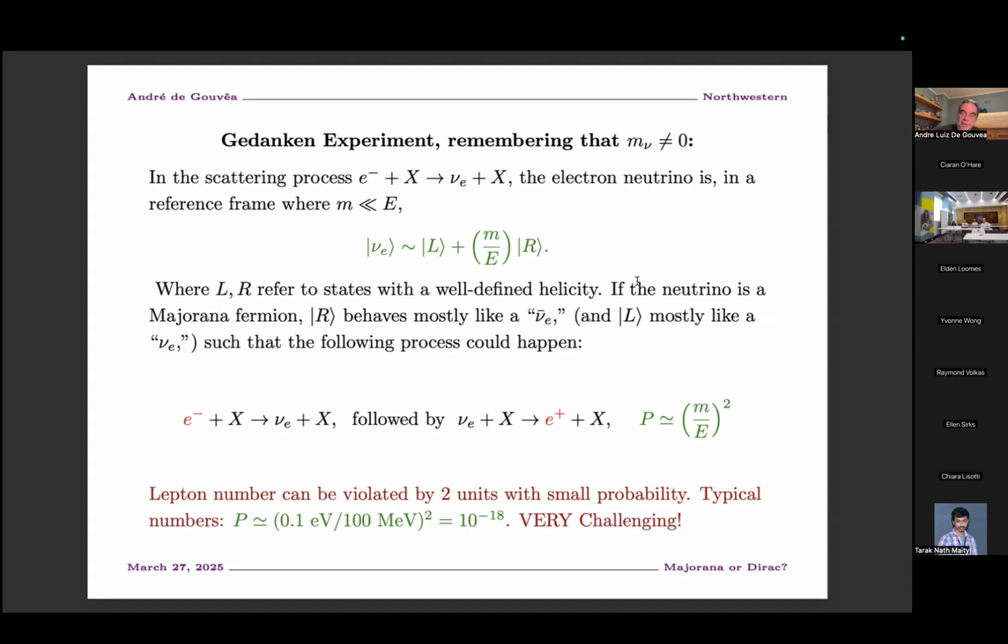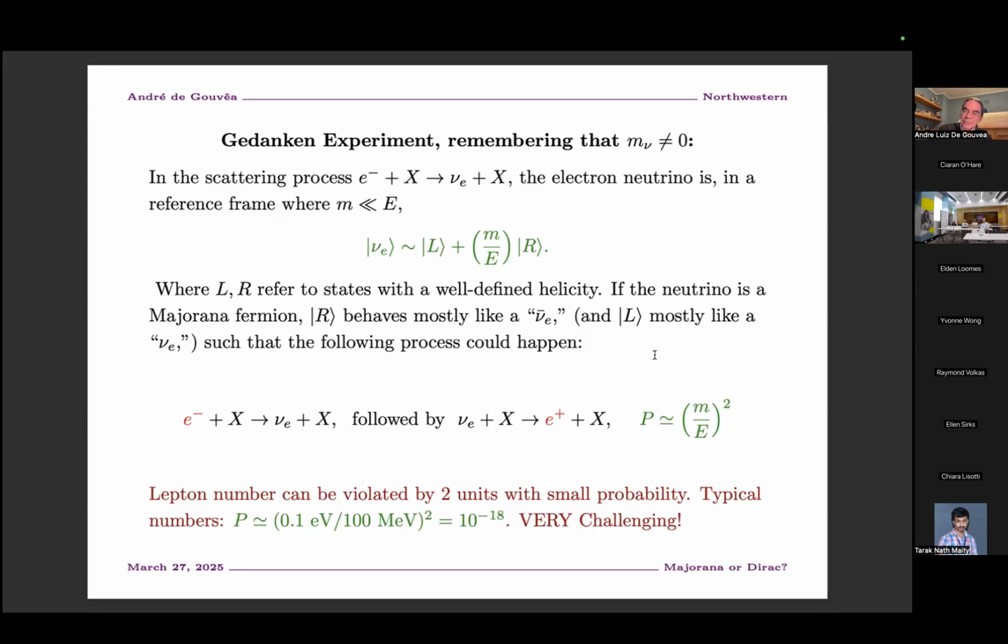So the end of the story is, if the neutrino is a Majorana fermion, I can start out with an electron in the initial state, produce a neutrino, and have this neutrino hit something, behave like a right-handed helicity object, which has a non-zero probability of producing a positron. So that's a possible thing that can occur. This violates lepton number because I started out with one electron in the initial state, and I ended up with a positron in the final state.